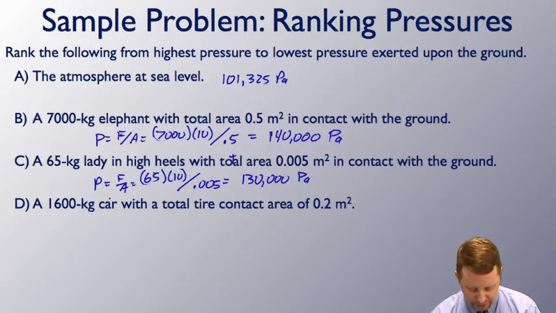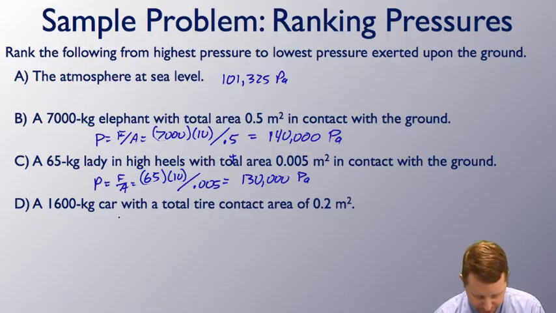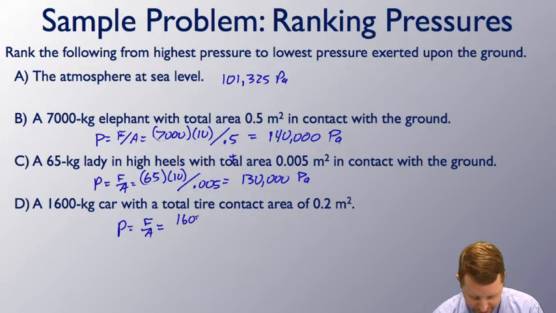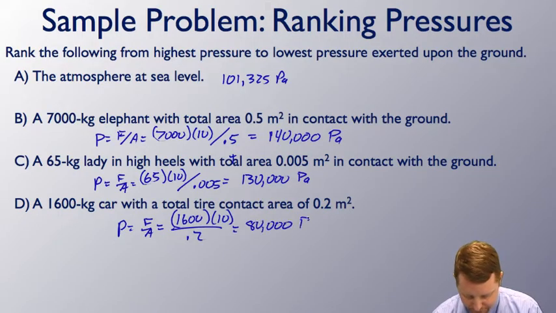Or a 1,600 kilogram car with total tire contact area of 0.2 meters squared. That's going to be pressure, force over area, or 1,600 times 10 divided by 0.2, or 80,000 pascals.